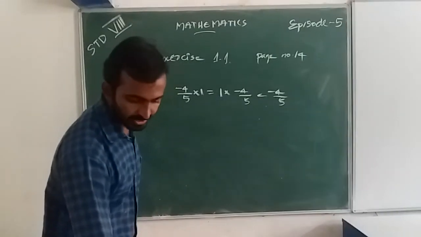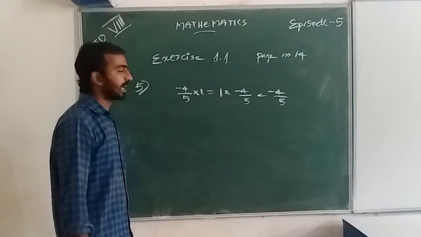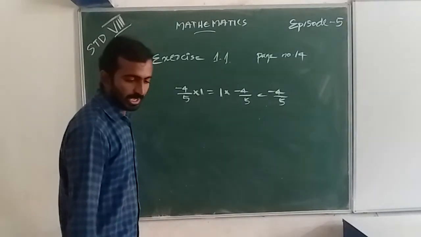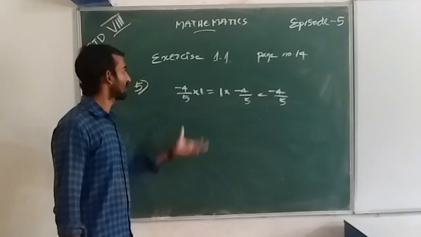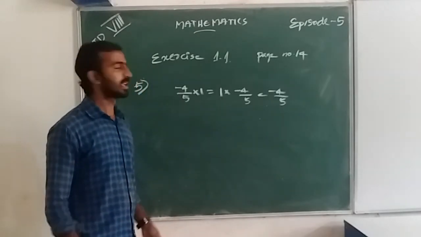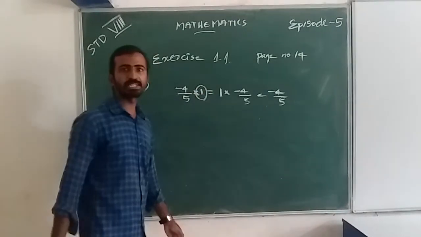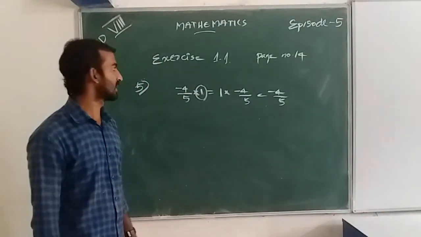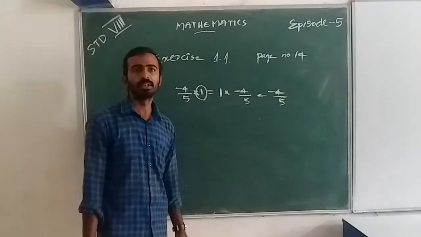Yes, this is the question. Here, what is the name of the property under multiplication used? What is the property here? Here, one is the multiplicative identity.